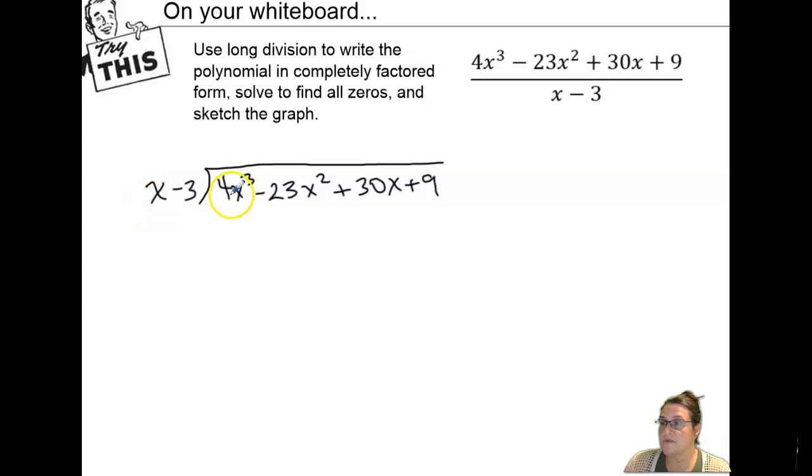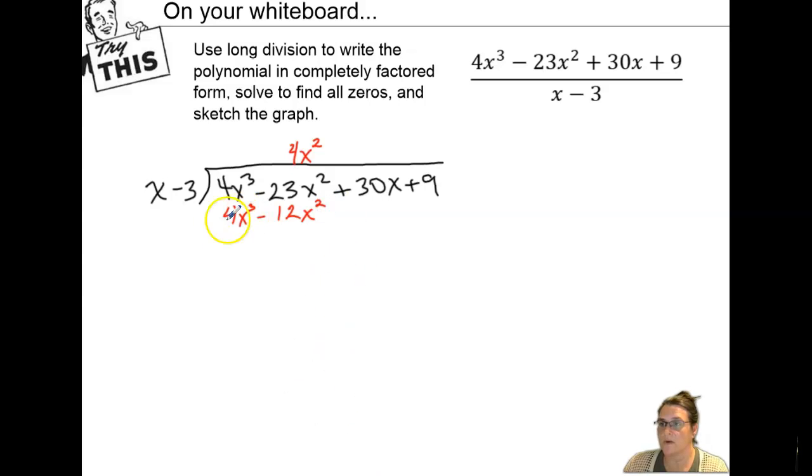So x times what is 4x cubed? That would be a 4x squared in the quotient. Then we're going to multiply: 4x squared times x is 4x cubed, and then 4x squared times -3 is a -12x squared.